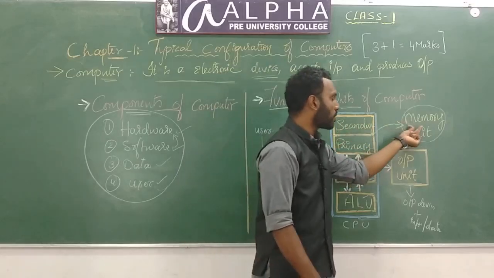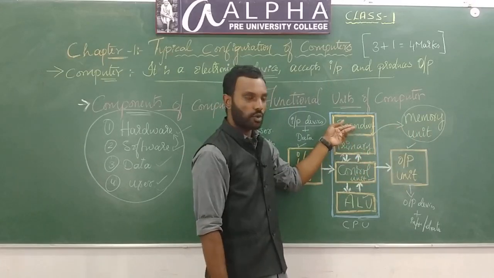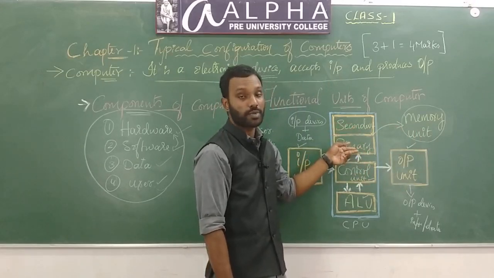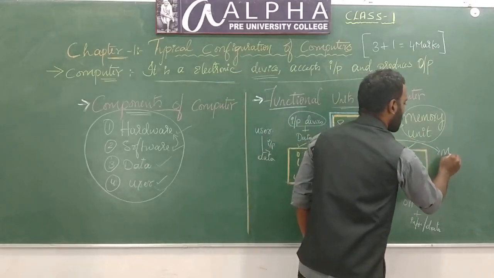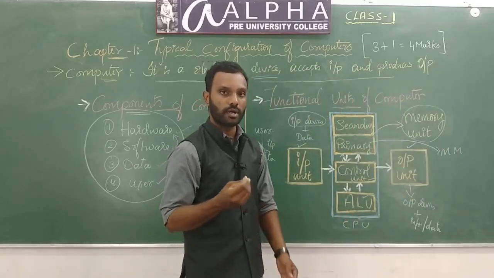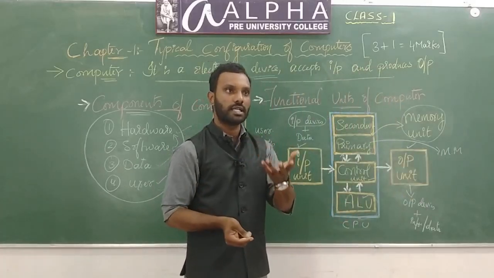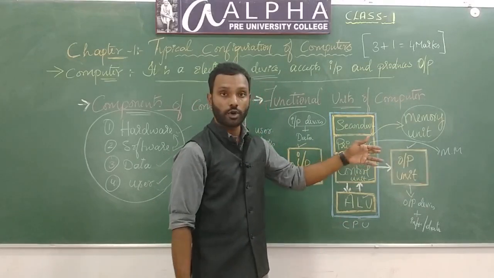Memory is divided into two parts: one is secondary memory and the other is primary memory. Primary memory is also known as main memory. I hope you have learned, and I believe you remember, RAM, ROM and all.